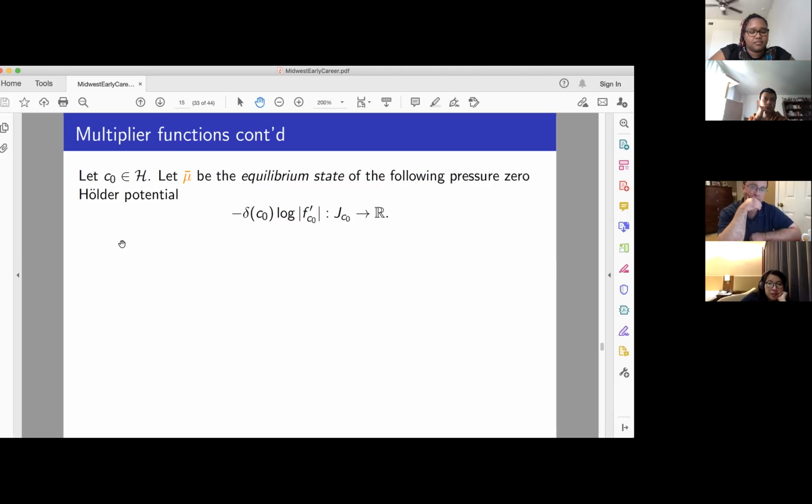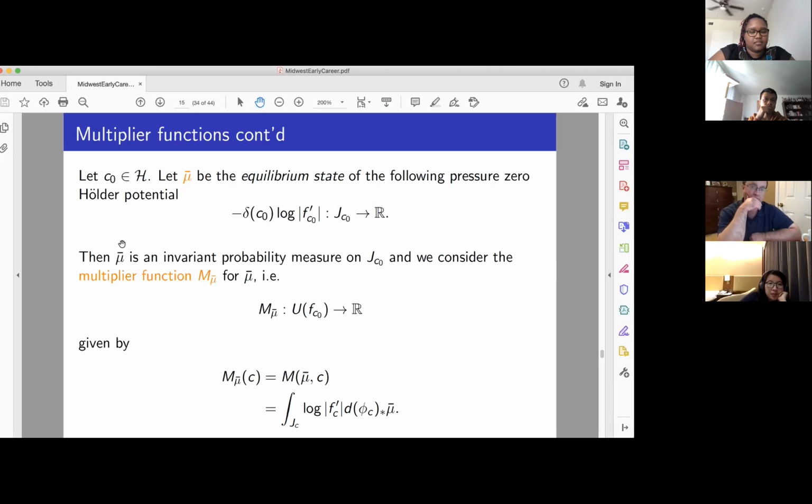So this is a map from the Julia set into the real numbers, and mu bar is an invariant measure on the Julia set. Therefore, we can consider the function m sub mu, the previous function where you fix the measure to be mu bar. This is what I call the multiplier function, just to give the function a name.